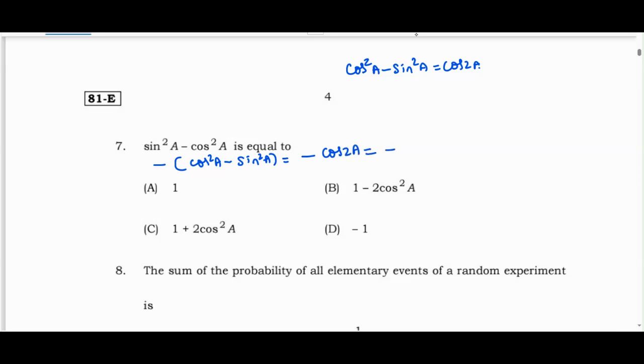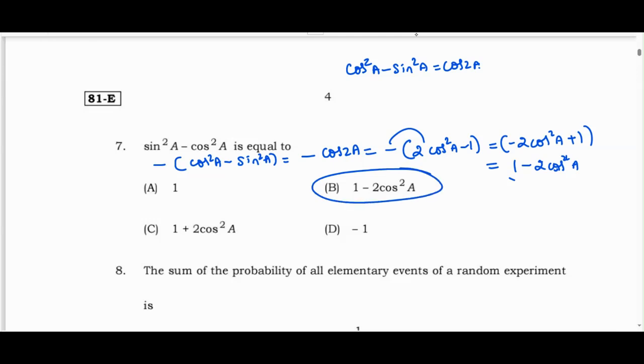We have a formula for cos 2A as 2 cos square A minus 1. Multiplying the sign inside, it becomes minus 2 cos square A plus 1. Rearranging, it becomes 1 minus 2 cos square A. That is option B.